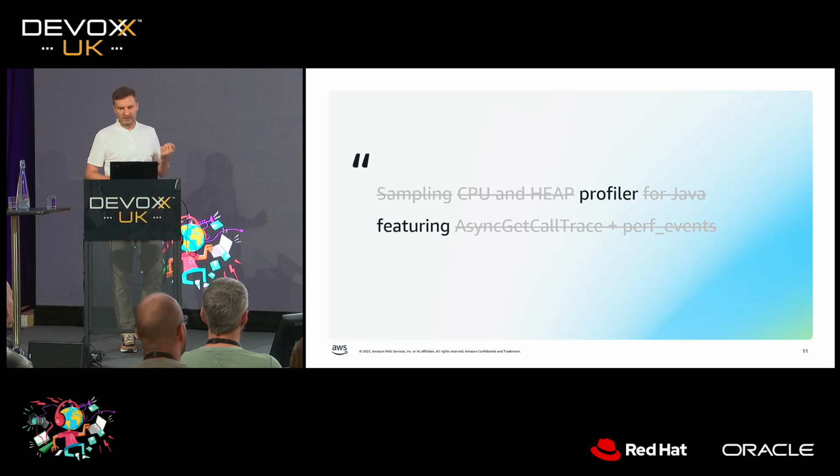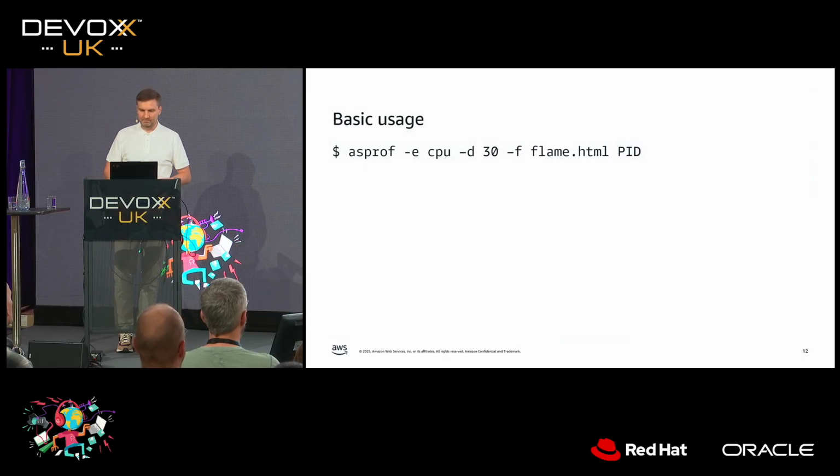Finally, Linux perf events is not an exclusive source of profiling events. For example, inside a container where perf events are often restricted, Async-profiler automatically switches to a per-thread CPU clock as an alternative sampling mechanism for CPU profiling.